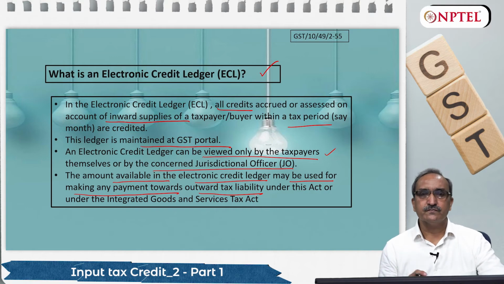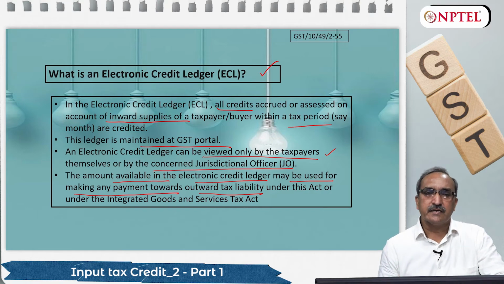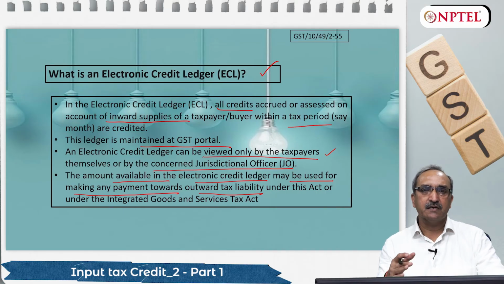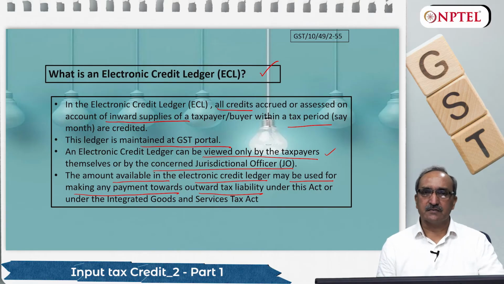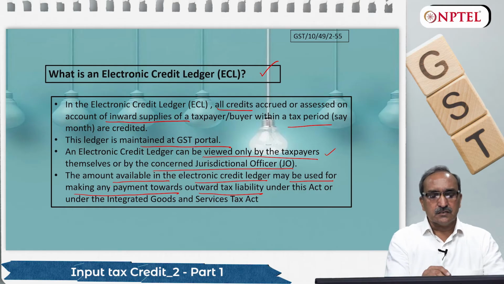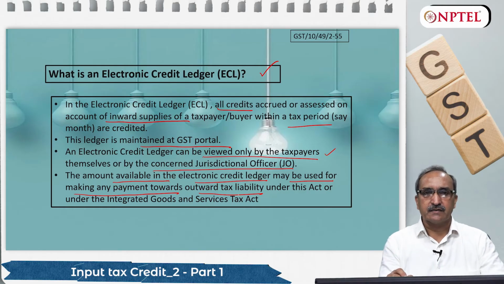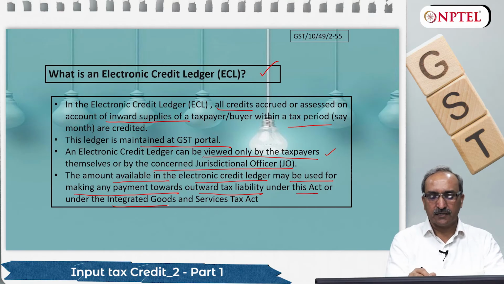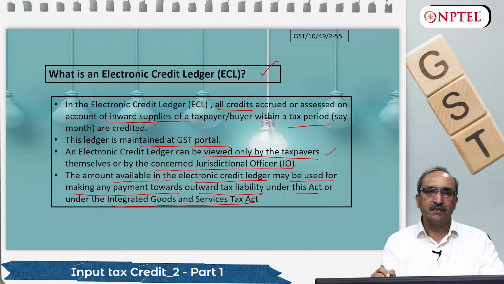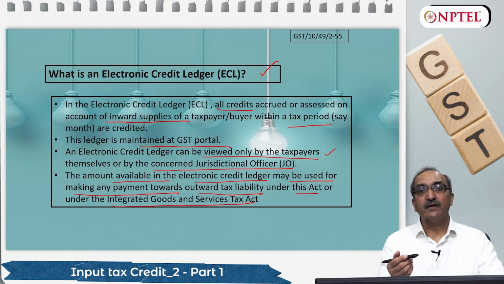So I told you that in GST, whenever I am selling my goods, as in the previous slide where I showed that if I sold cement worth 10 lakh rupees, there is a tax liability on me at the rate of 18%. So the amount available in my credit ledger can be set off against my outward tax liability under this Act or under the IGST Act, meaning in case of interstate supply or intrastate supply.